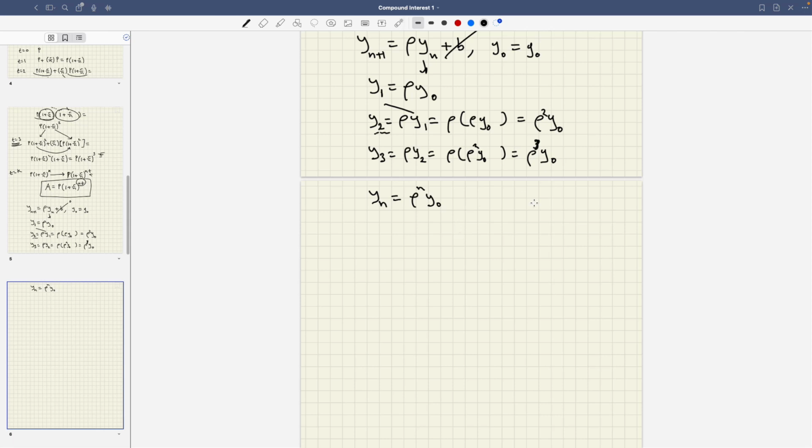And rho is actually equal to 1 plus r over n, the constant factor, which represents the interest. So if you substitute it here, this represents the balance, 1 plus r over n. This is the initial investment, if you want to think about it. So you can substitute it by P.